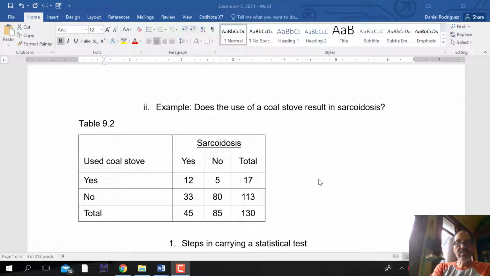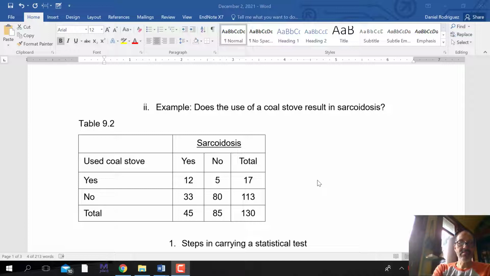So here's a question: does the use of a coal stove result in sarcoidosis? This is our cross-tabulation table. We look at the rows. The rows indicate whether or not one uses a coal stove, yes or no. So 17 individuals do, and 113 do not, out of a total of 130. We're using probability language here, so we say success and failure.